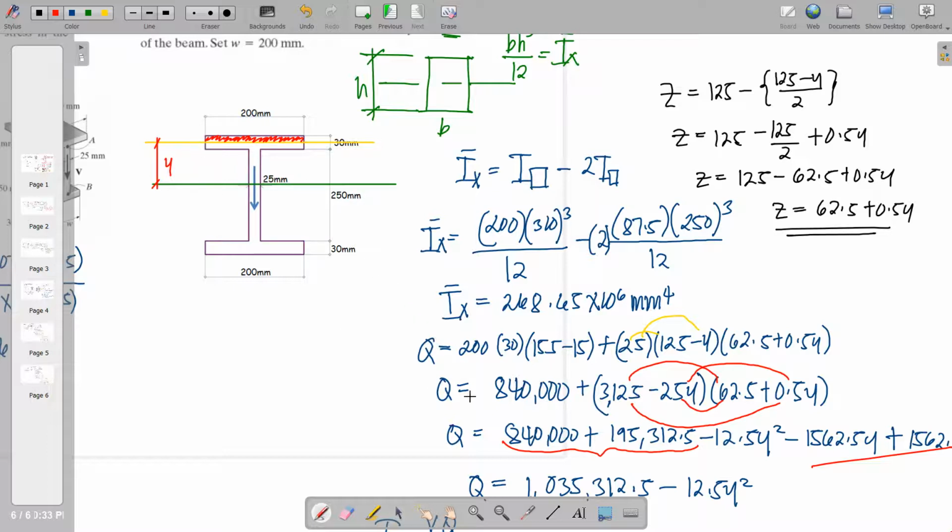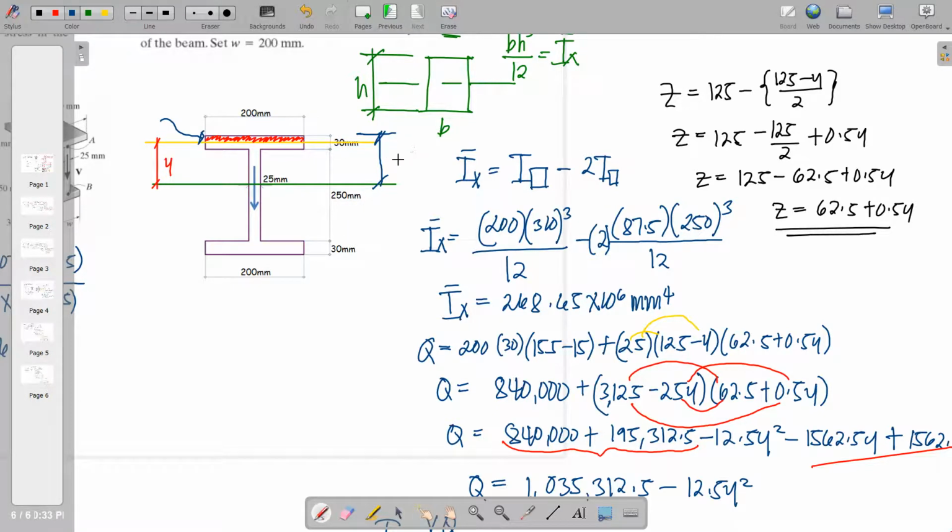So before we proceed with our Q, let us complete first our dimension. So the remaining dimension here is, of course, coming from the half of this distance. Okay. Remember that this is 310 all in all depth.